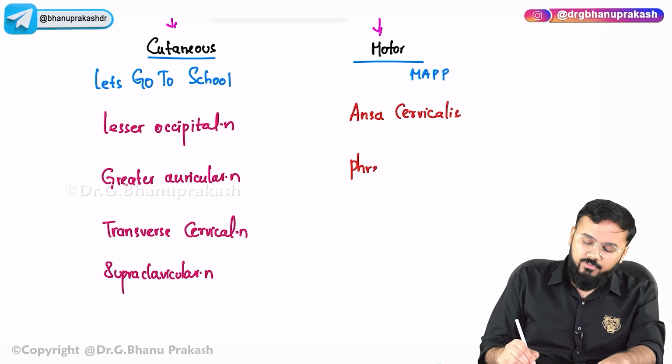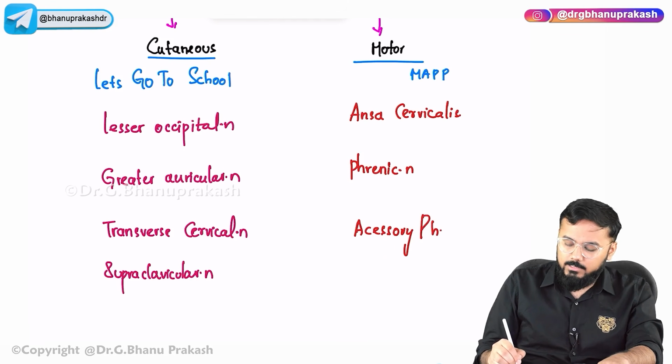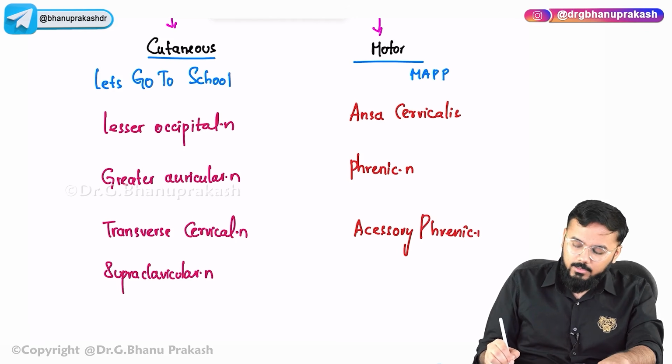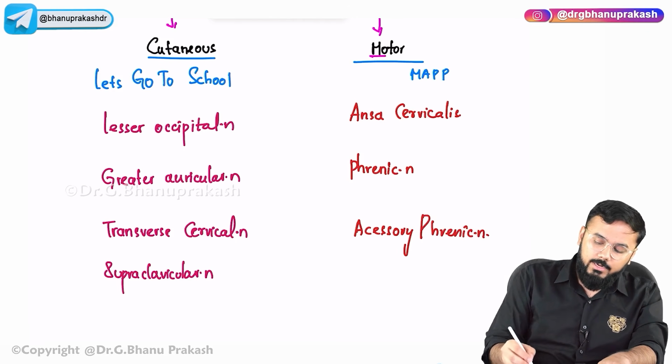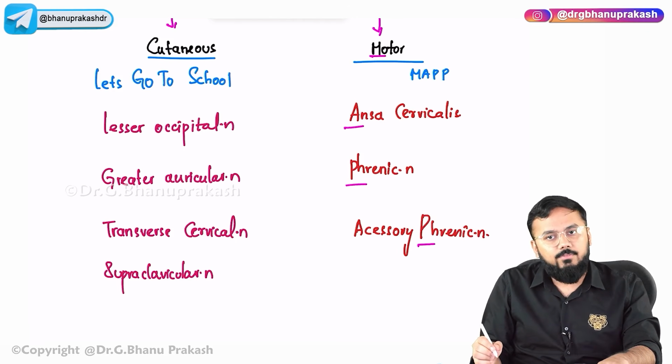P stands for phrenic nerve, and there is another type called the accessory phrenic nerve. So the motor branches are ansa cervicalis, phrenic nerve and accessory phrenic nerve.